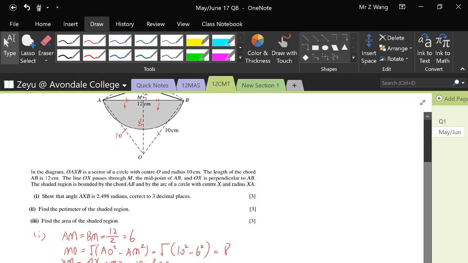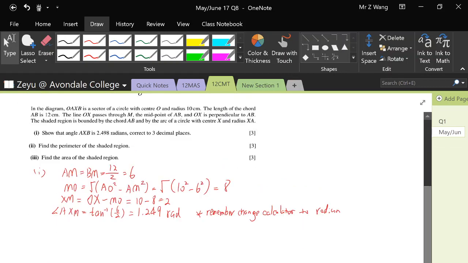I think this is part of IG. So angle AXB is 2 times angle AXM, which is 2 times 1.249 equals 2.498.